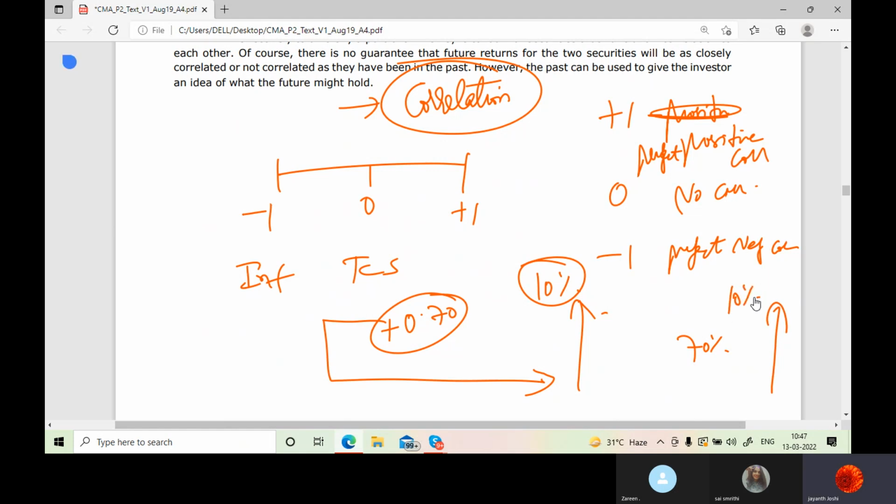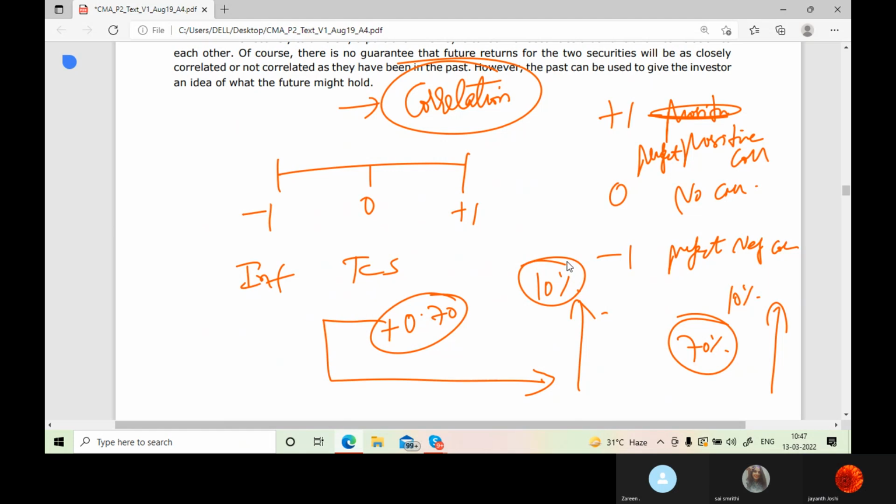The strength of the relationship is only 70% chances, not 100%. So they are correlated by 70%. That means the strength is such that if this goes up, there is a 70% chance that this would also go up.